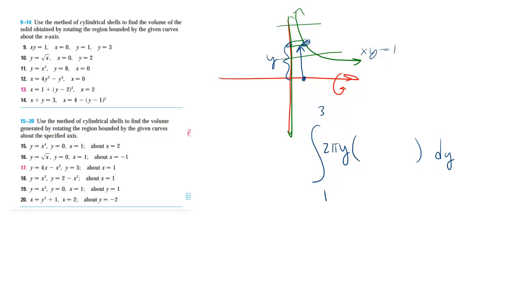Really the distance I'm looking for is that x distance, but I want it in terms of y, so that for a given y, I know what the x distance is, so 1 over y is what I'm plugging in there. And this works out really nicely because the y's cancel. And so we end up with the integral from 1 to 3 of 2 pi dy, which is fascinating. When you solve that, you're going to have 2 pi times 2, so 4 pi.